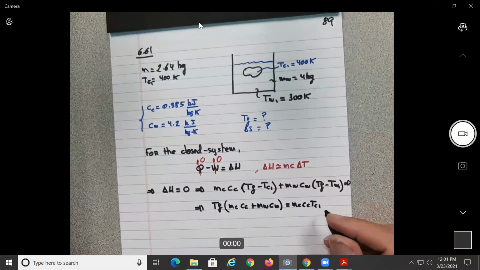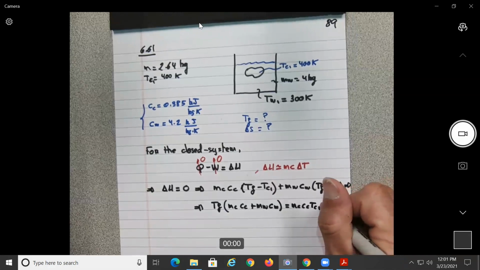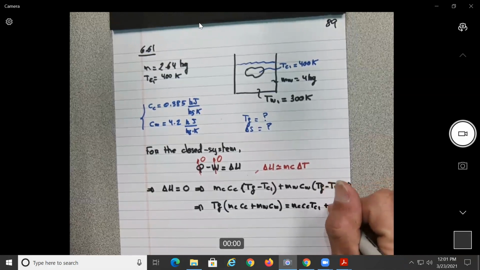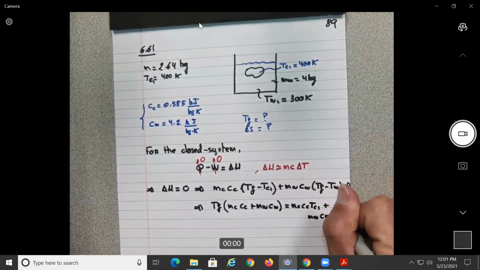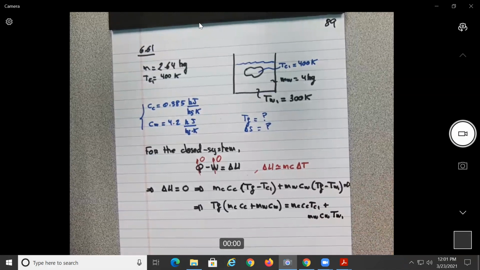Sorry that I write smaller and smaller. Plus M water C water T water 1, no? So at the end, this will give us what?